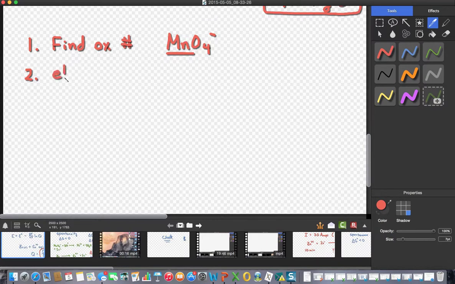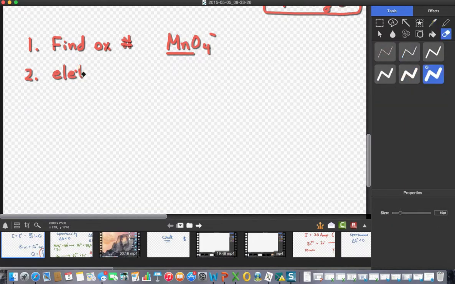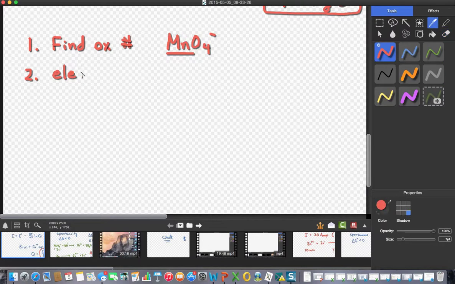You need to describe electron flow in a galvanic cell and an electrolytic cell. Number 3, you need to be able to determine how many moles of electrons are transferred in a process.